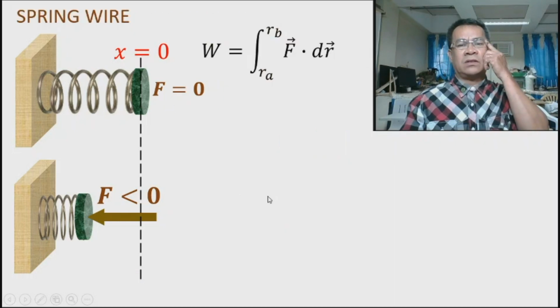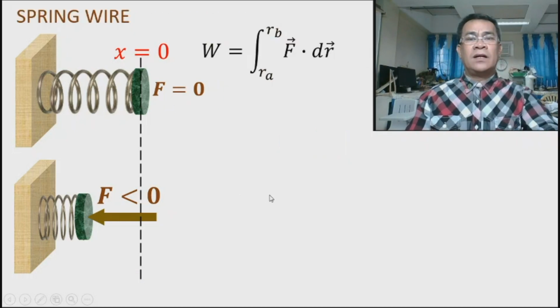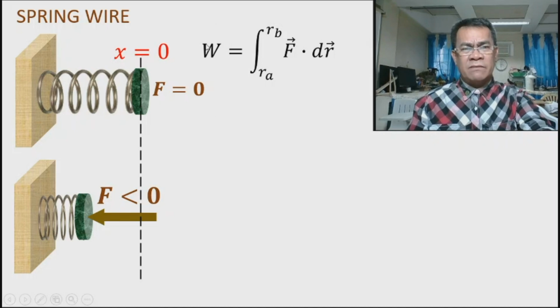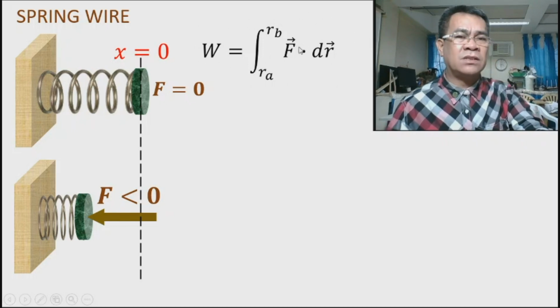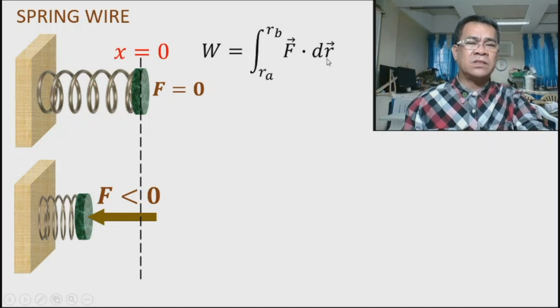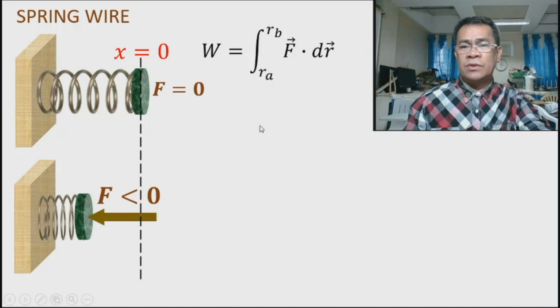Okay, going back to the problem. Work done, again, is a very important formula, because this can be applied to any work done. As long as we have a force and a displacement, you can always calculate the work done. Today, let us calculate the work done by the elastic force.